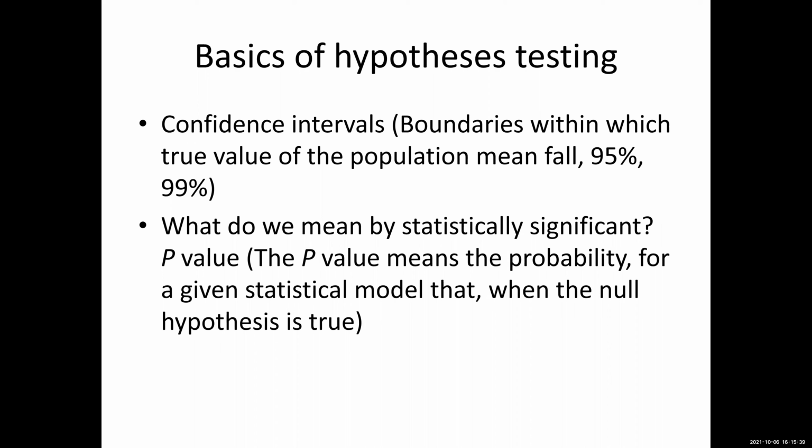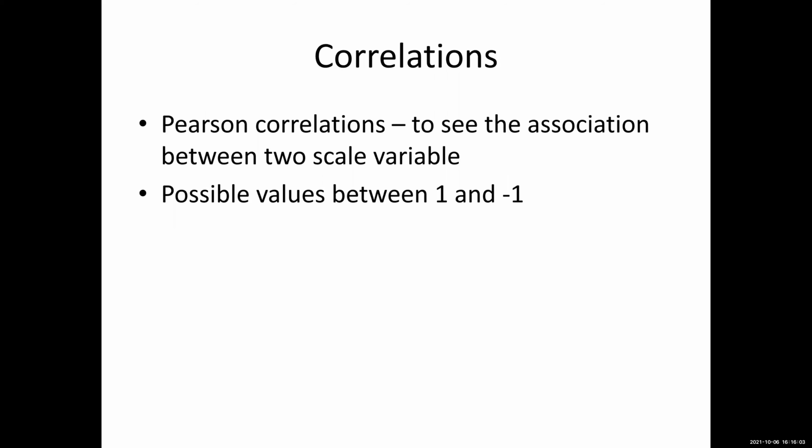But in 99% of the cases, we take a p-value less than 0.05, which means a 95% confidence interval. Okay, so these are the two things we are concerned with when we look at the output of the statistical tests we are running in SPSS.